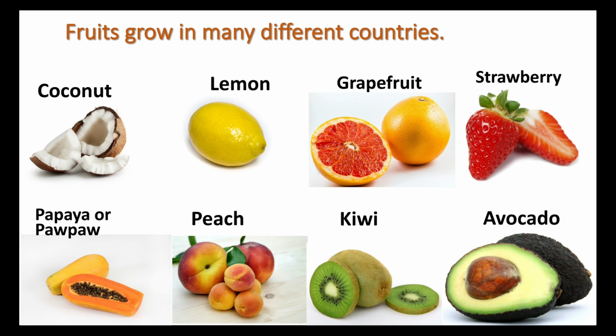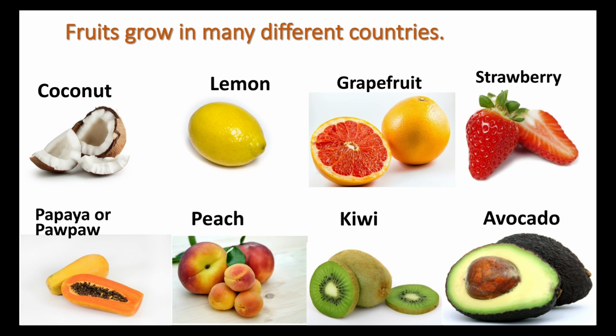Like I said before, many fruits grow in many different countries. Some fruits grow in some countries, while other fruits grow in different countries. What do I mean? There are some fruits that can grow in countries that are very hot or which have a warm climate.